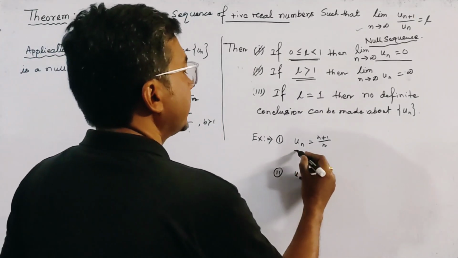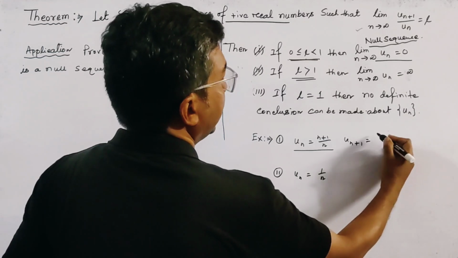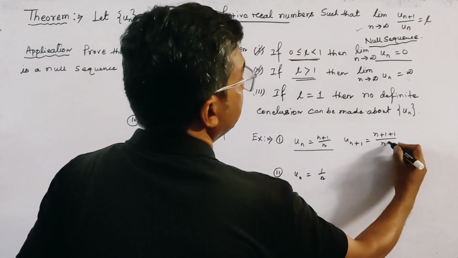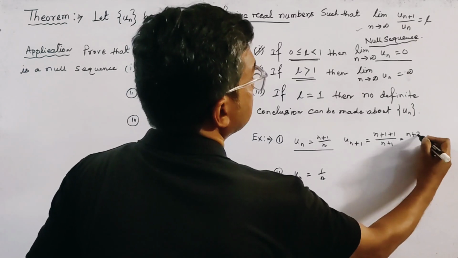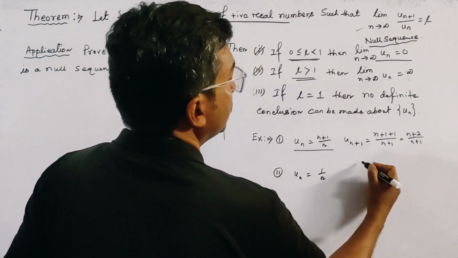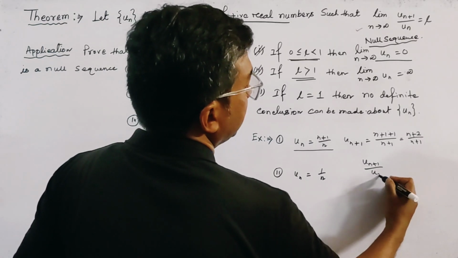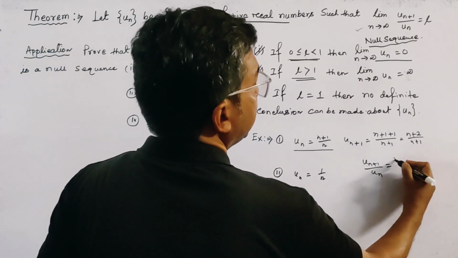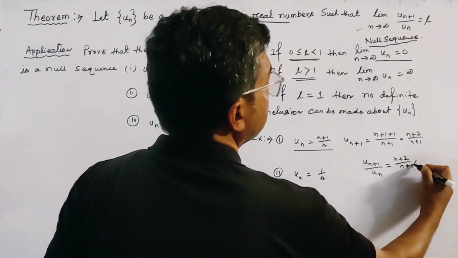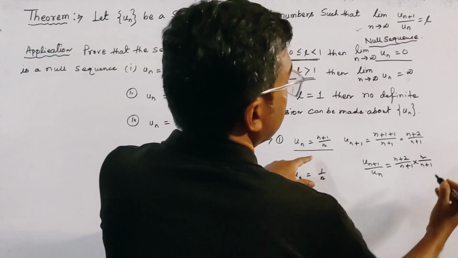For the first case, if we find un plus 1, it is given by n plus 1 plus 1 by n plus 1, so (n plus 2) by (n plus 1). Now we find the value of un plus 1 by un, which is given by (n plus 2) by (n plus 1) into n by (n plus 1).